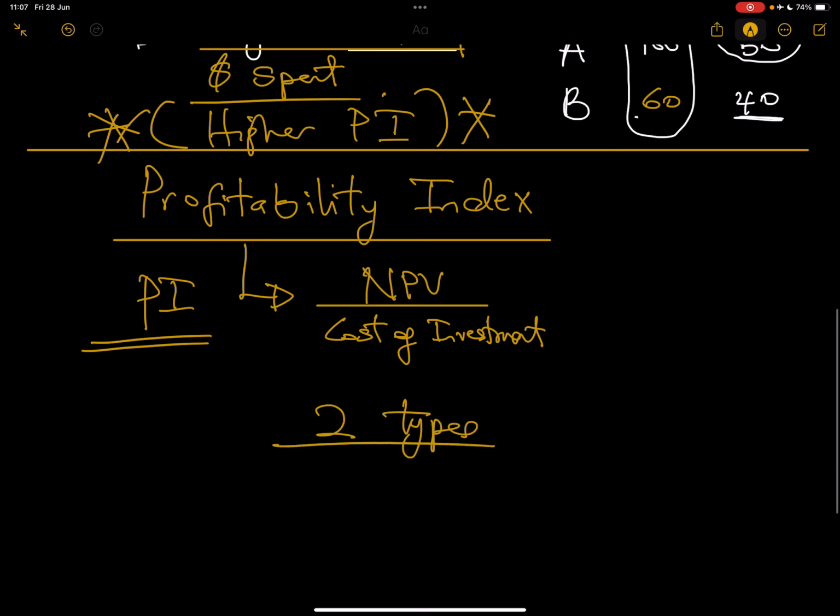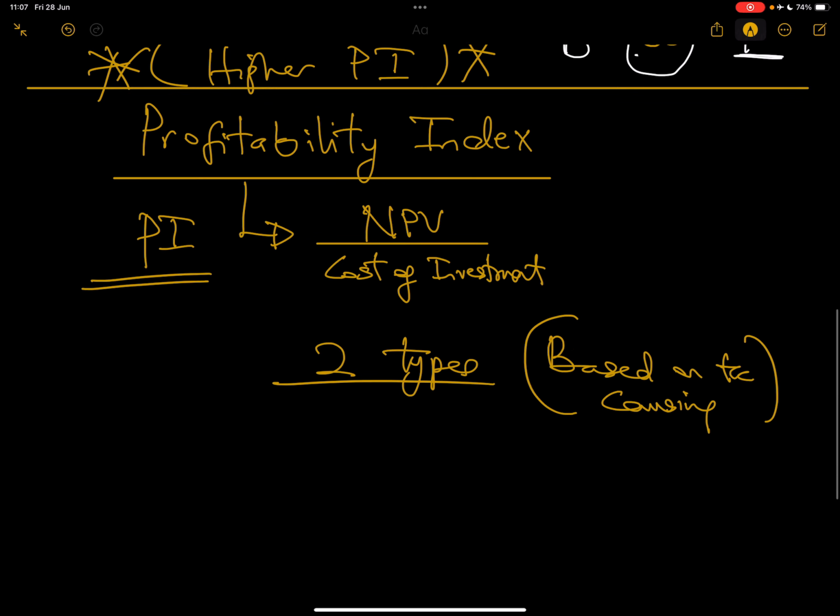And these types are based on the cost of the limitation. What is causing the limitation in fund availability? There is what we call the soft rationing, and there is what we call the hard capital rationing.